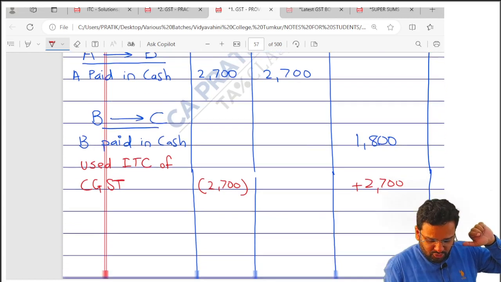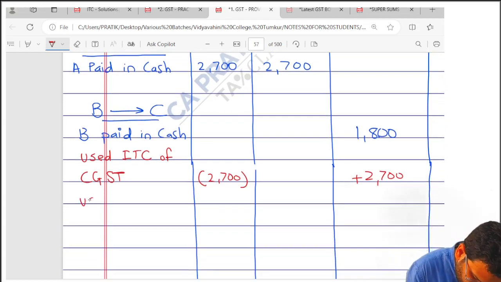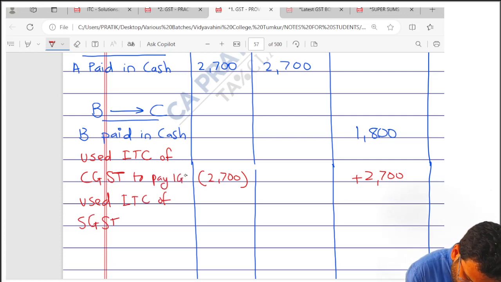And also he used what? Also he used ITC of SGST to pay what? Yes, to pay IGST. So what would government have done?